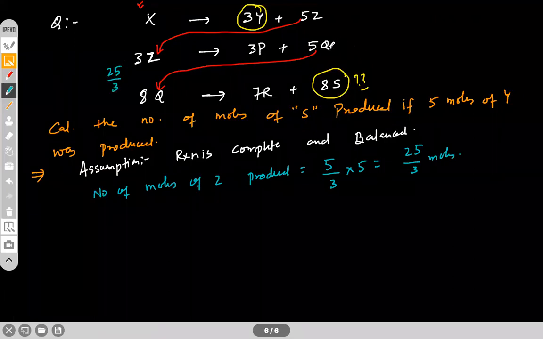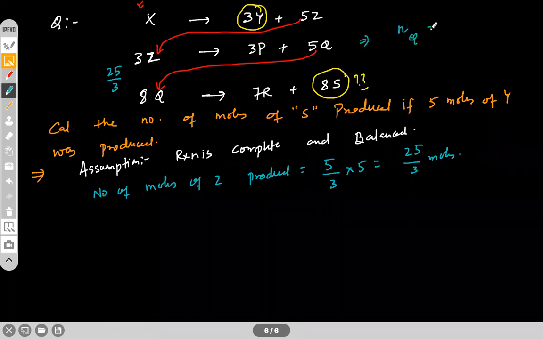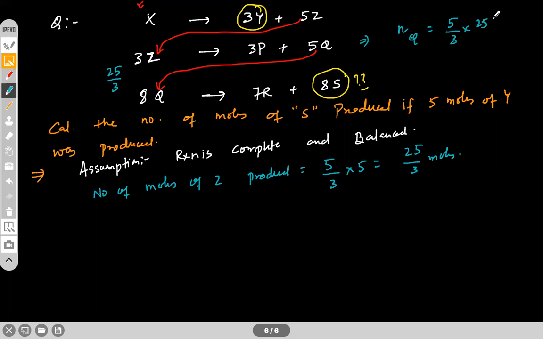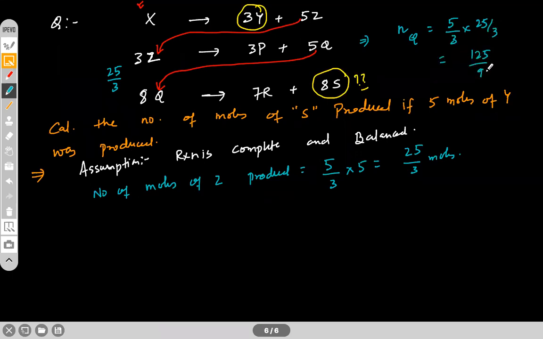We have 25 by 3 moles of Z. And what is the moles of Q we'll get here? 3 moles gives 5, so 1 mole gives 5 by 3. So the number of moles of Q is 5 by 3 into 25 by 3, that would be 125 by 9 moles of Q produced.